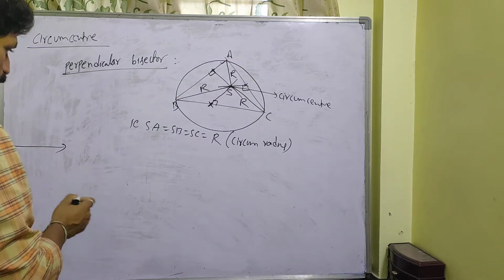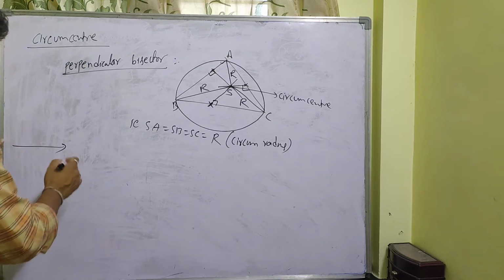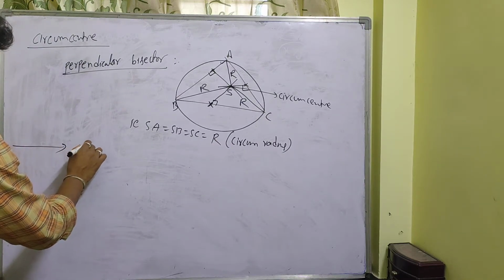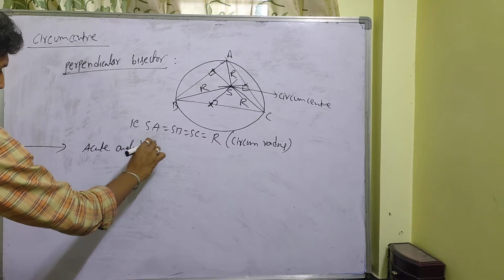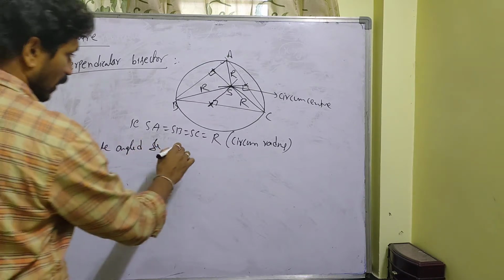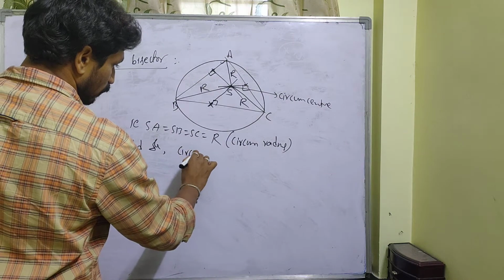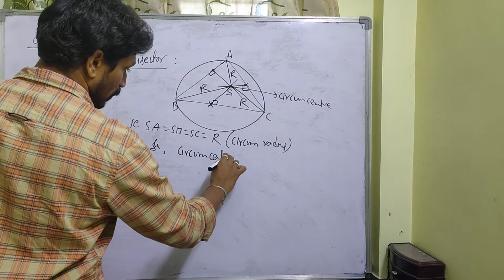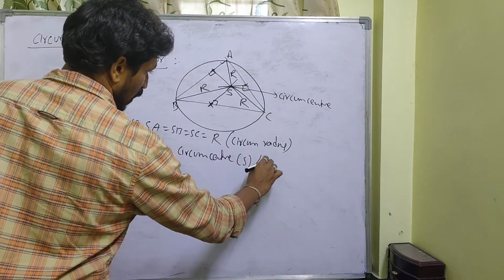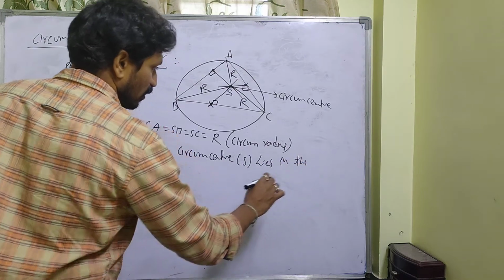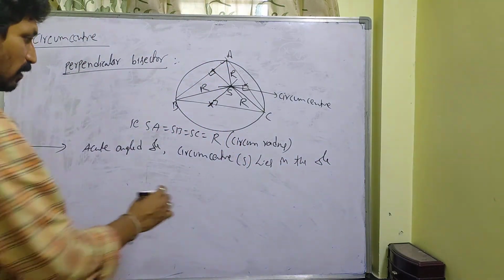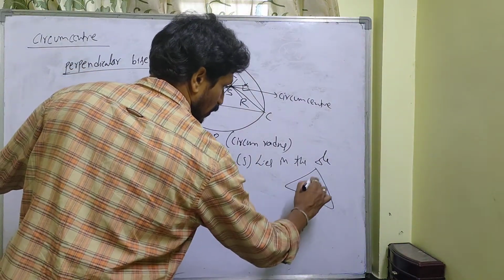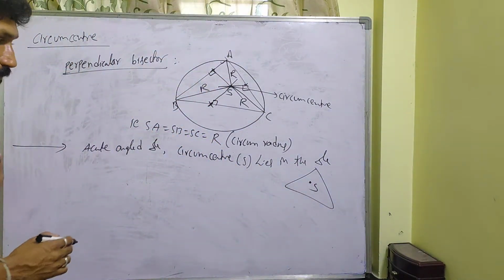See here, same concept: if it is an acute angle triangle, then the circumcenter lies inside the triangle. That means here is the circumcenter.